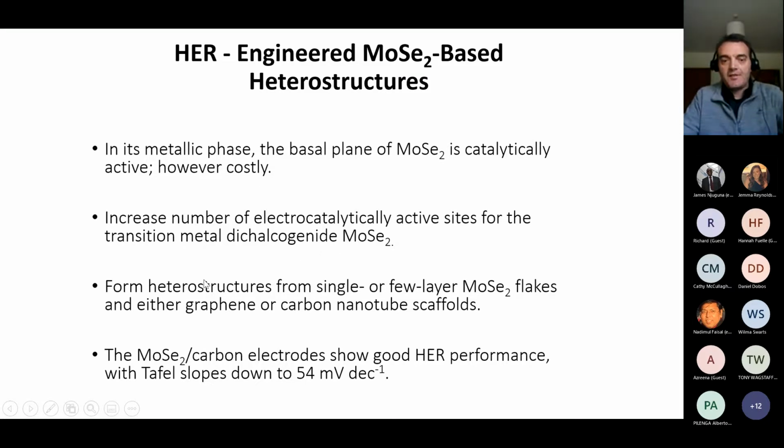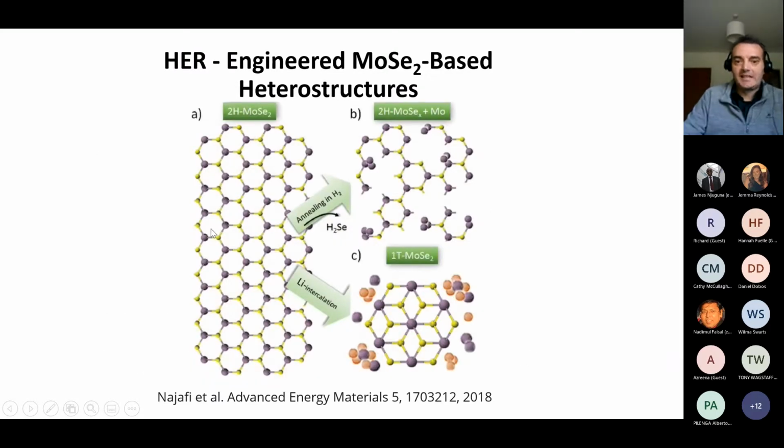So they have used a hybrid structure again with either graphene or carbon nanotube, just to go into the downsize part of the system and increase the active sites. This is how the system appears. Different processes are used, for example, here the graphene with aniline and hydrogen to form a particular system, or lithium intercalation to form the other system here.